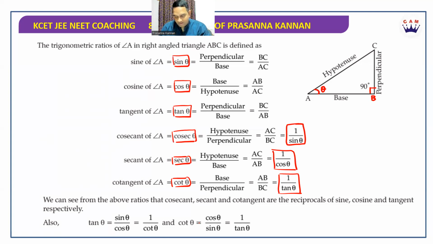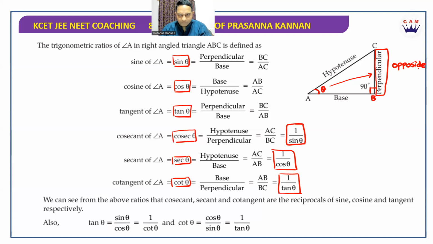And you can call them, this is angle theta. The side which is opposite to that, you can either call it opposite side, or you can also call it perpendicular side.